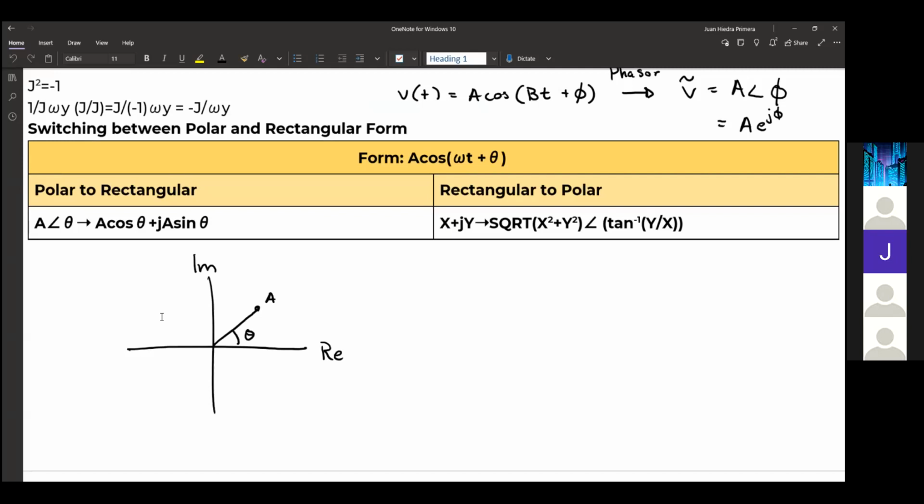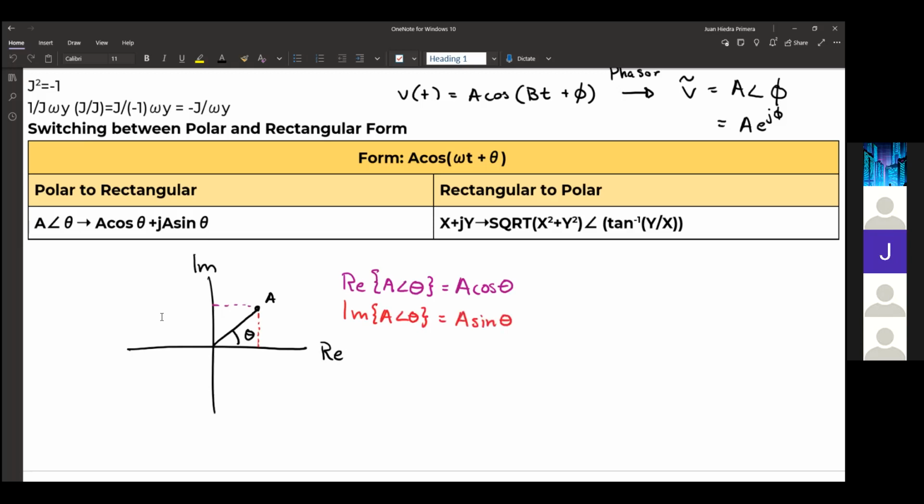So if you want to turn that into rectangular coordinates, actually, let me use a different color for the real. Your real component of A is given by A cosine theta, and your imaginary component is given by A sine of theta.